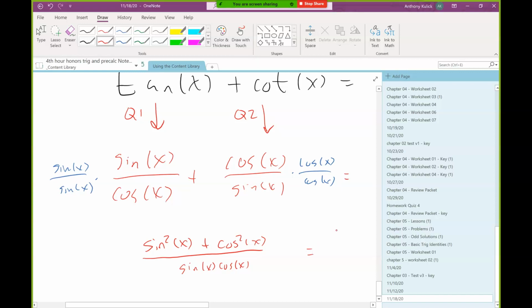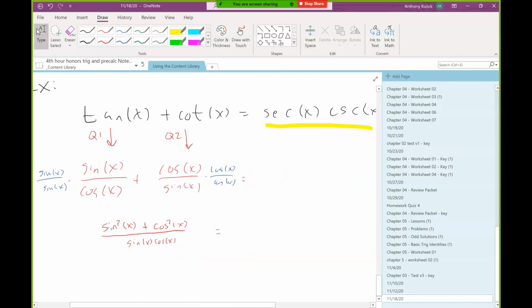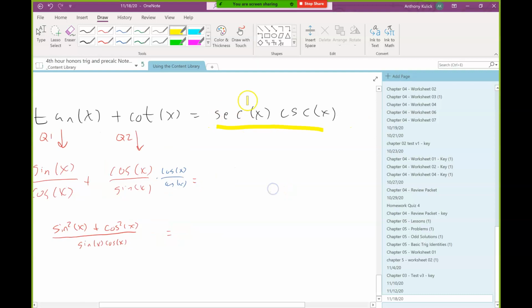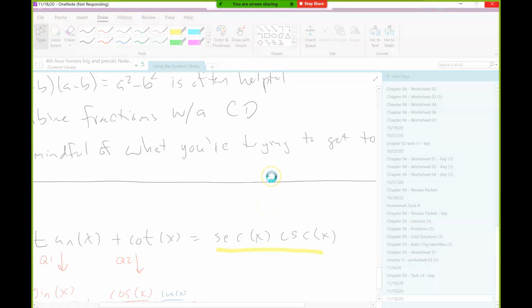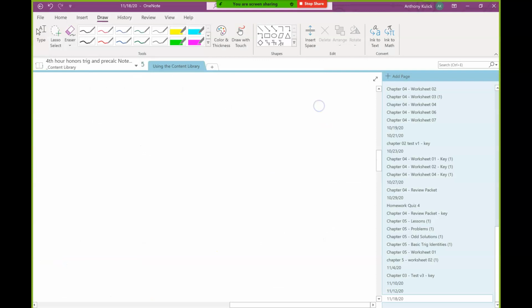Okay, now let's again look at where we're trying to get to. So again, I should have secant times cosecant. If I go back and look at my identity sheet here for a minute. Oh my gosh, OneNote, you're killing me.